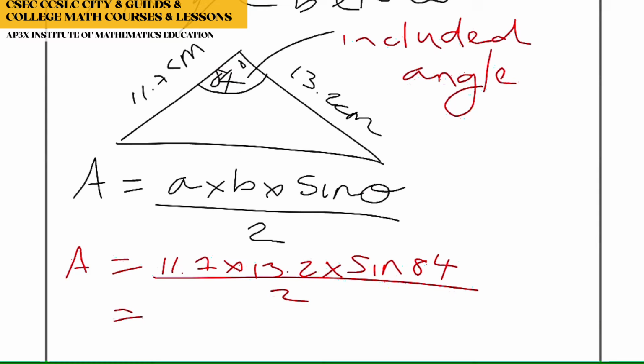Hold on, wait. When you multiply 11.7 times 13.2 times sine 84, I heard somebody say 58.56.